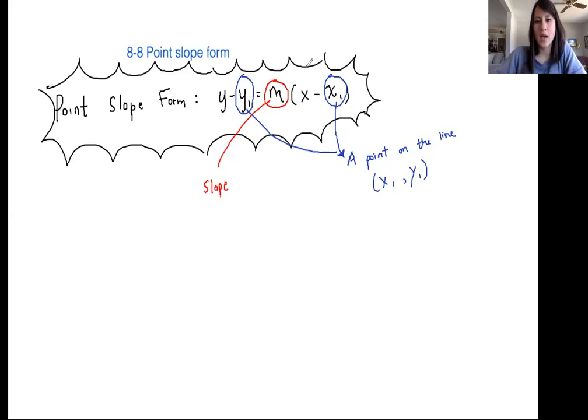So let's say I have a line, and let's say my line goes through the point 2, 3.